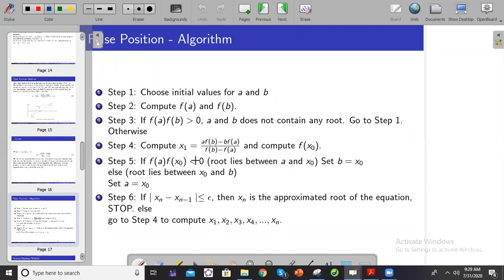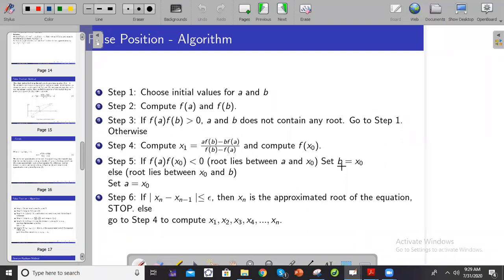After that, we compute the initial guess. यो x naught हो. Here I write x1, x naught हो. x naught equals to this. We compute f of x naught. If f of x naught equals 0, x naught is our required root. This is the algorithm. If the product of f a and f of x naught is negative, the root lies between a and x naught.